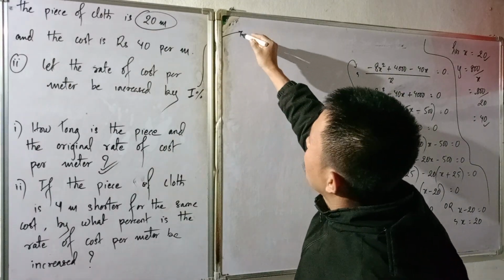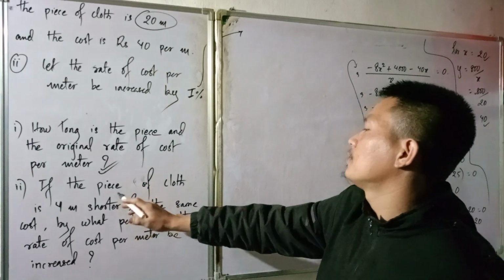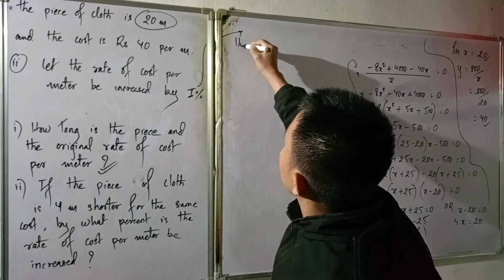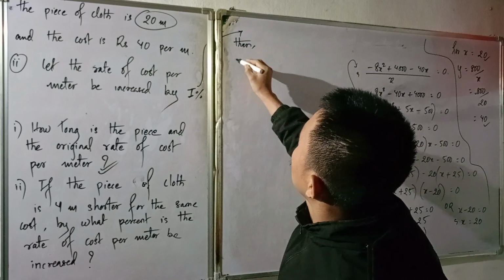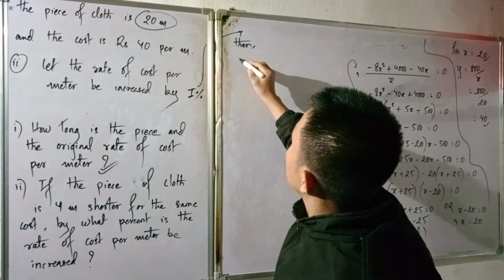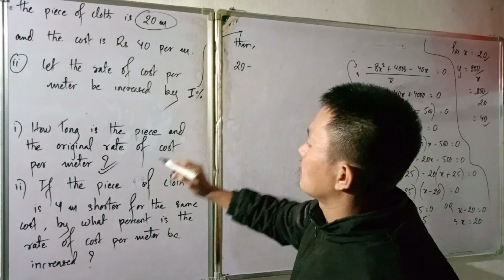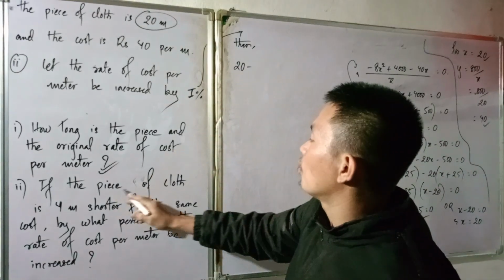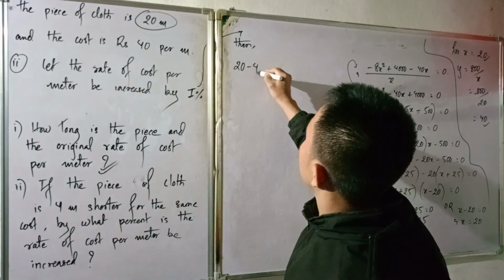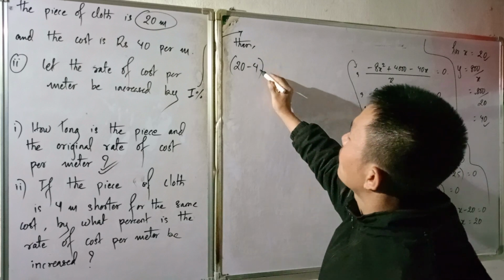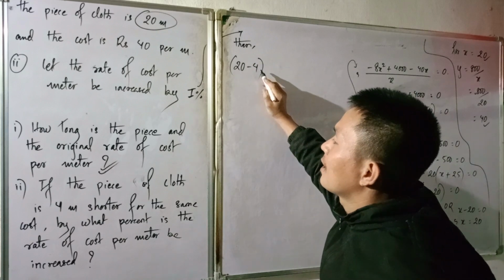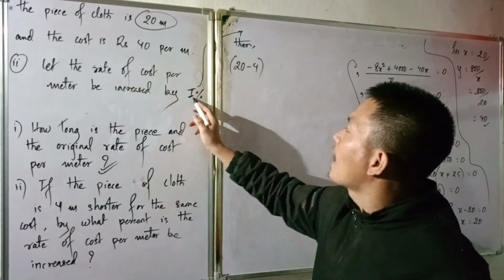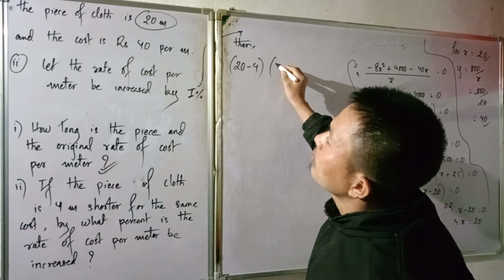Then from this condition, if the piece of cloth is 4 meters shorter, you can write the original piece, 20. 20 represents the length of the cloth. The piece of cloth is 4 meters shorter, which means you have to subtract 4 here, 20 minus 4, and this cost is increased by I%.